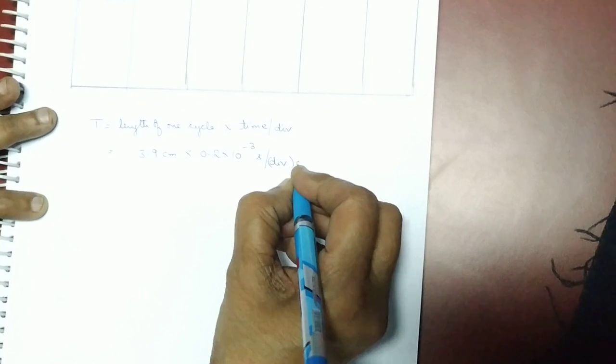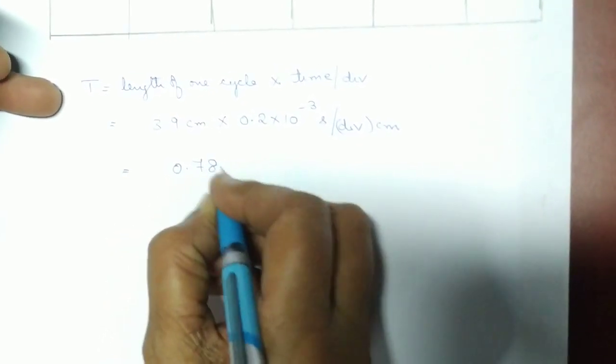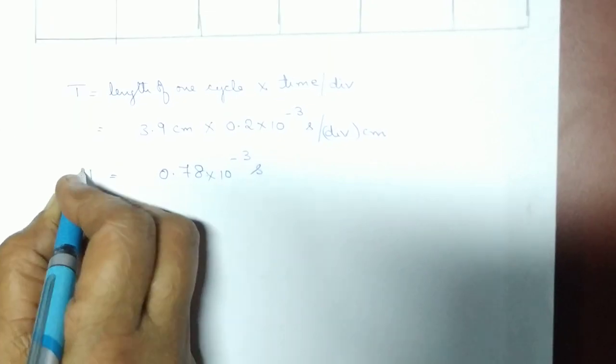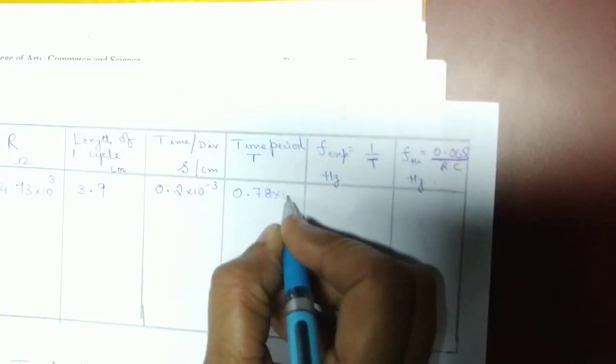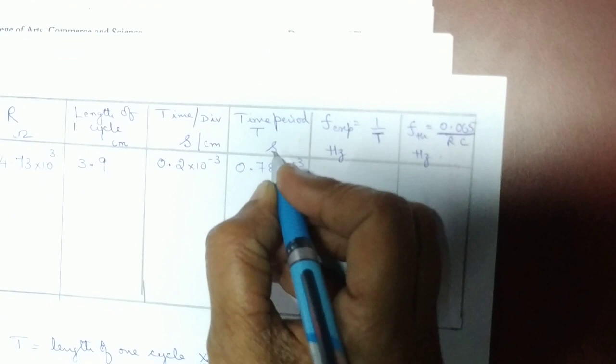This I will write as 3.9 into 0.2, which is 0.78 into 10 to the power of minus 3 seconds. That's the time period.